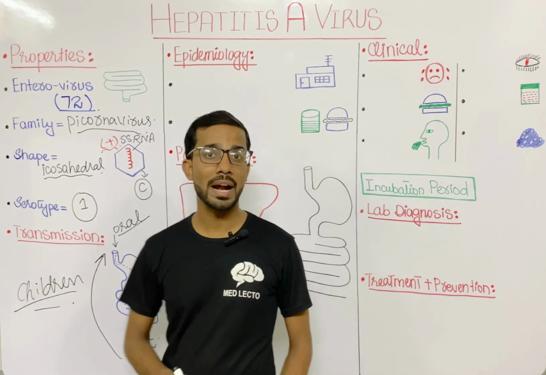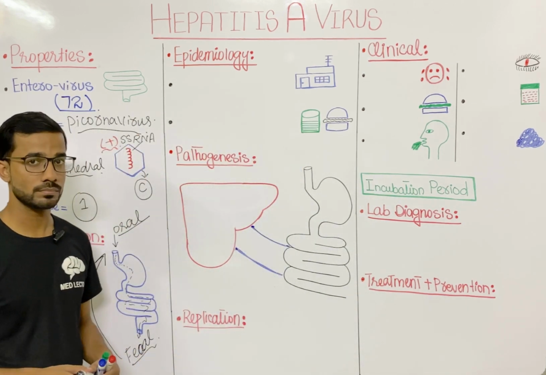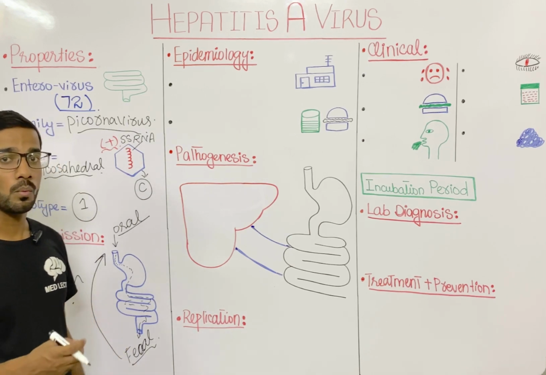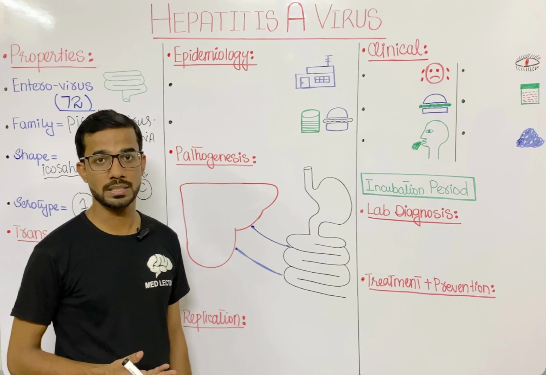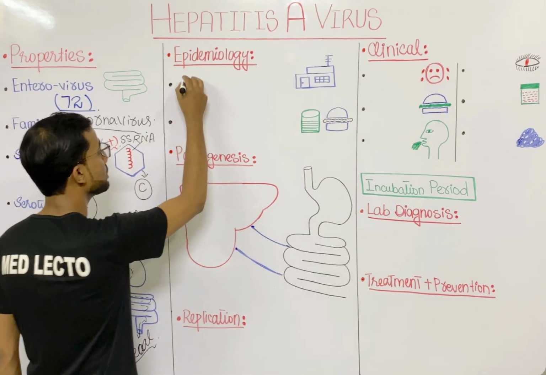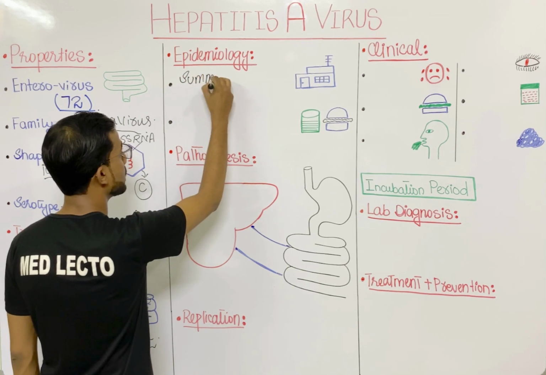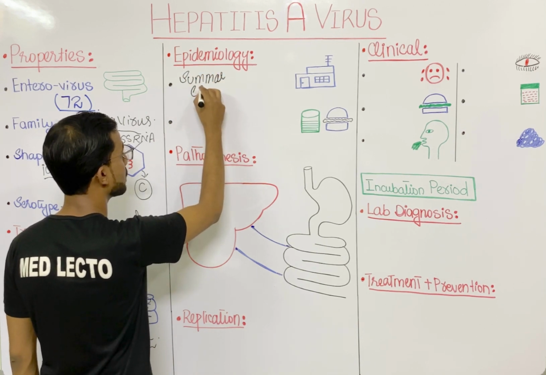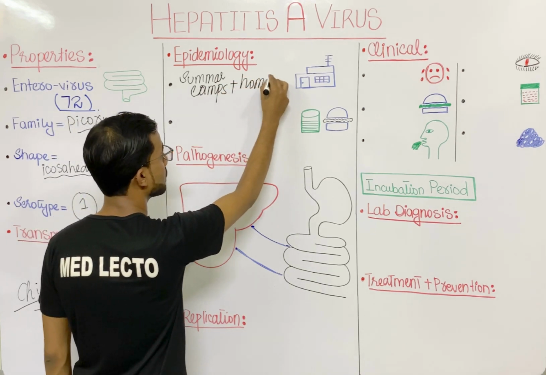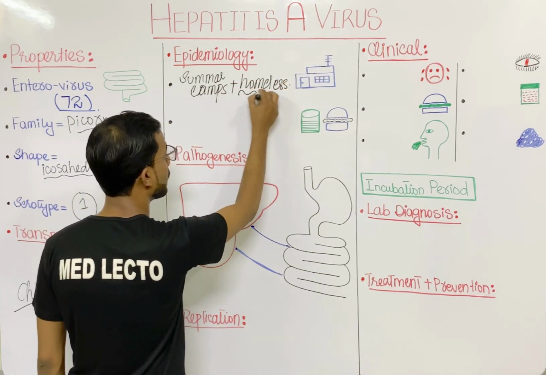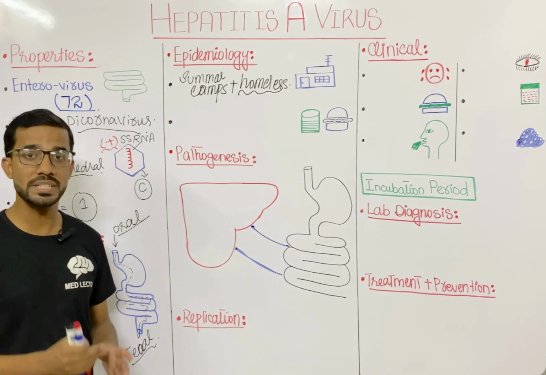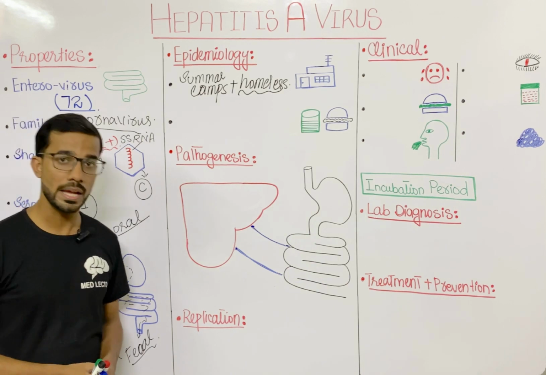Okay. So if we look at the epidemiology, you will see what type of persons are affected by the hepatitis A virus. Summer camps persons, homeless persons, and boarding school persons or students are mostly affected by the hepatitis A virus.